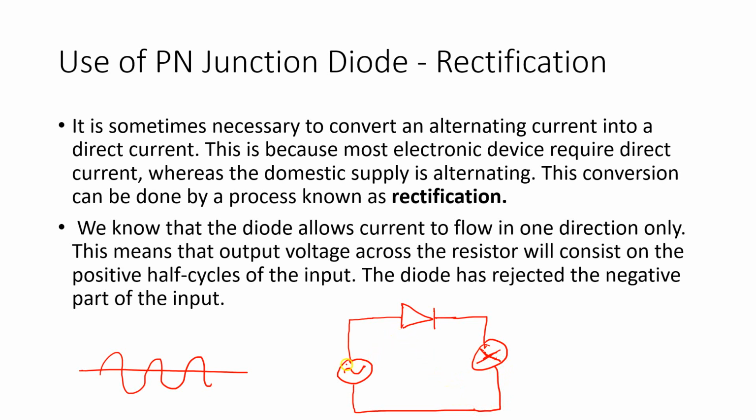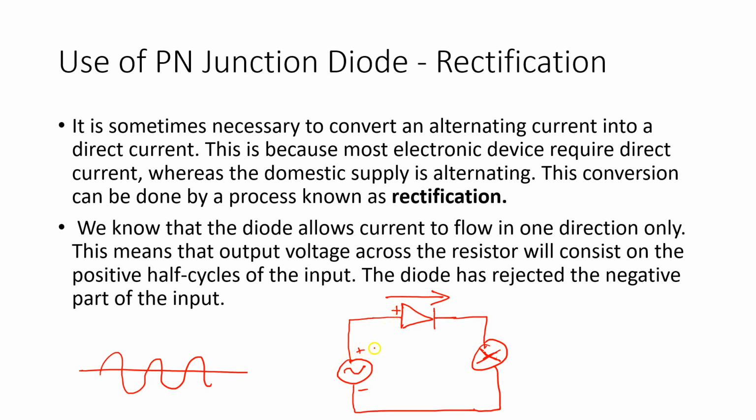Now, what you would see here is that once you connect an alternating power source to the diode, the diode is going to only allow current to flow in one direction. Mind you, in order for the diode to work, it must be in forward bias.